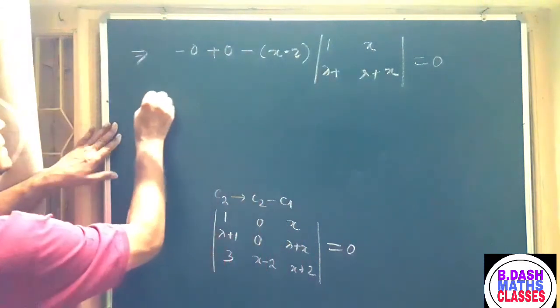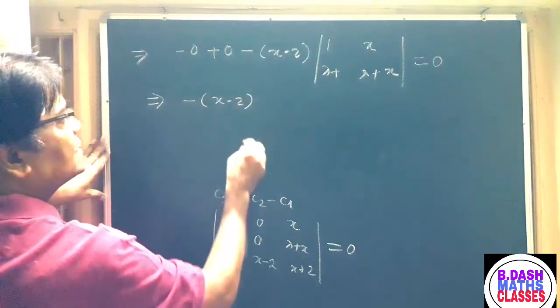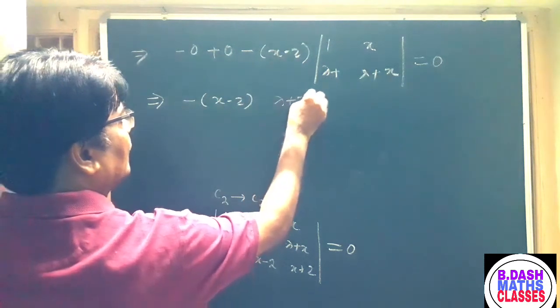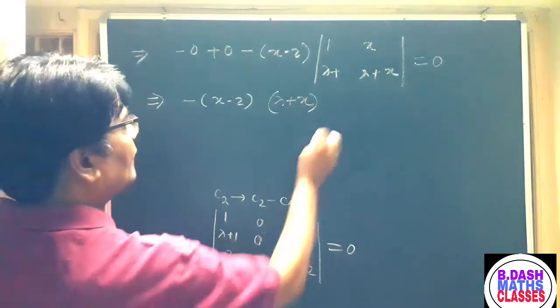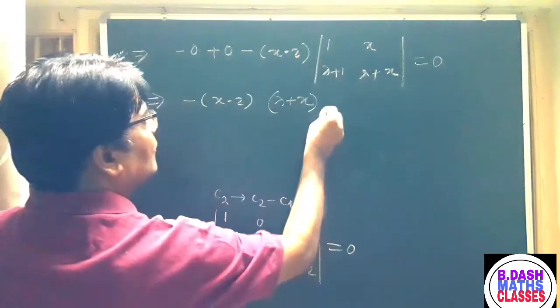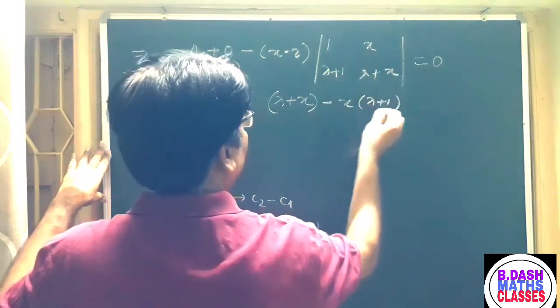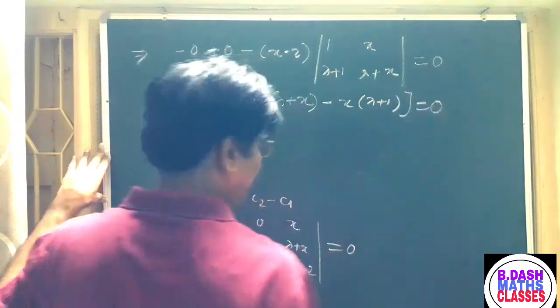So this implies minus of (x minus 2) times (lambda plus x), minus x into (lambda plus 1), is equal to 0.